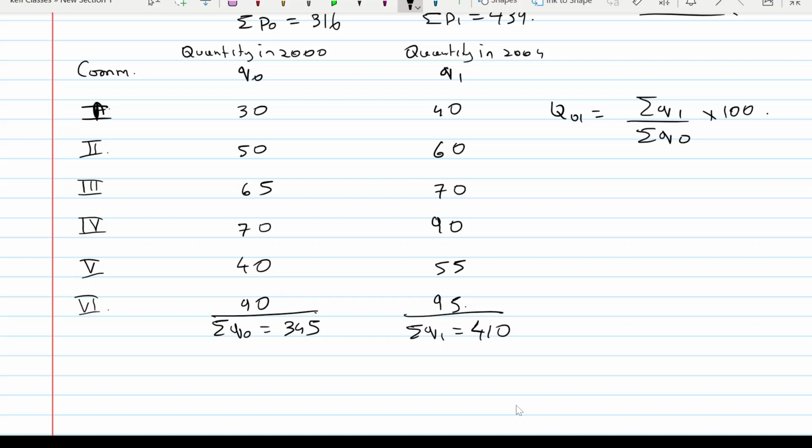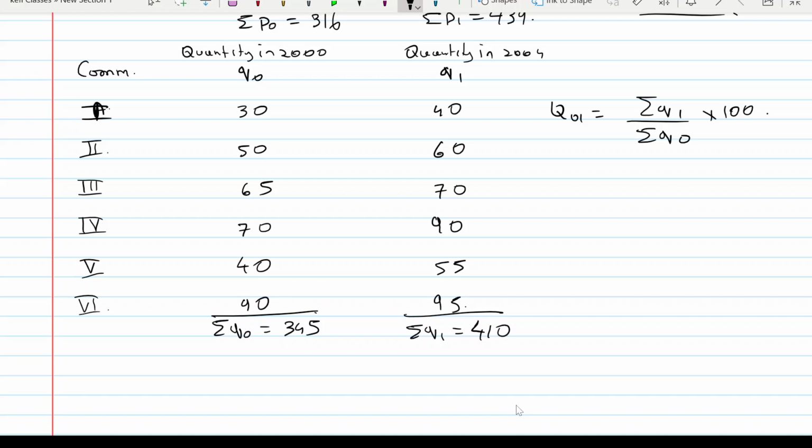Is this easy? Yes. Summation तो करना है.